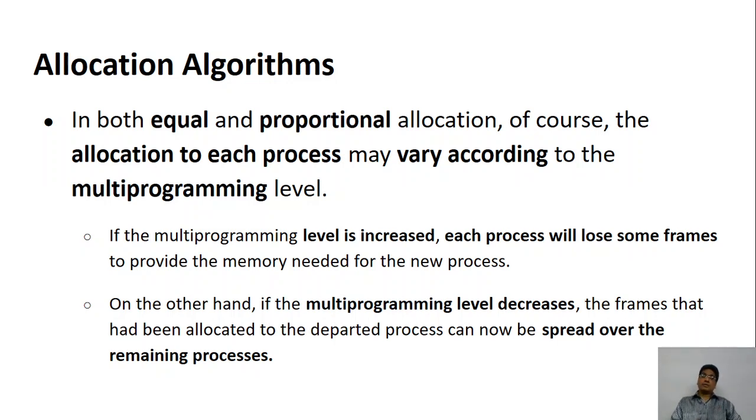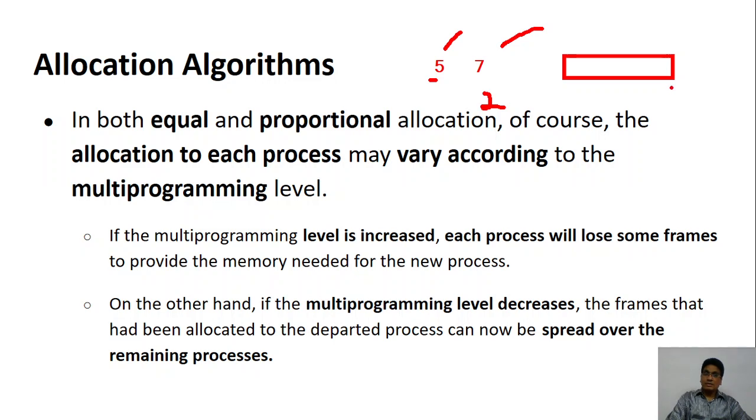Now the number of frames given to a process varies depending upon the level of multi-programming. Remember, when the level of multi-programming increases, the frames given to a process may decrease. For example, at this instant there are 5 programs running. Maybe after t1 seconds, if 7 processes are running, then naturally the number of frames allotted here will change, because now there are 2 additional processes. Remember, the memory is the same, you can't change the memory.